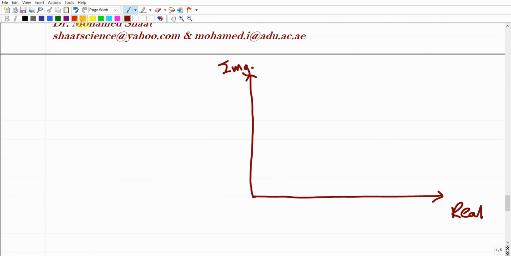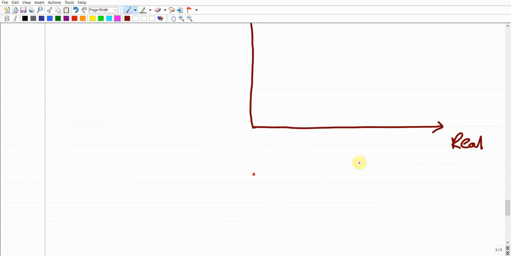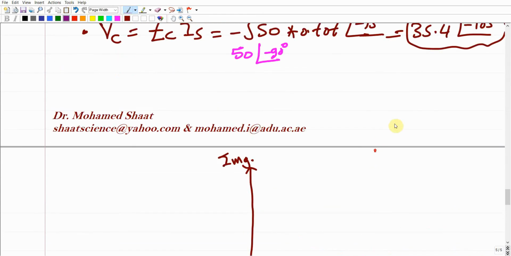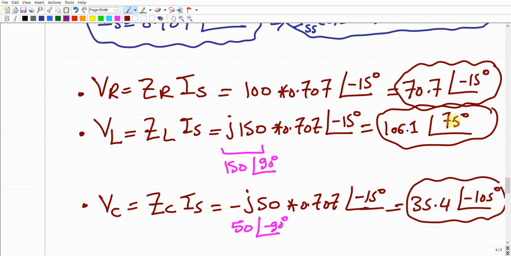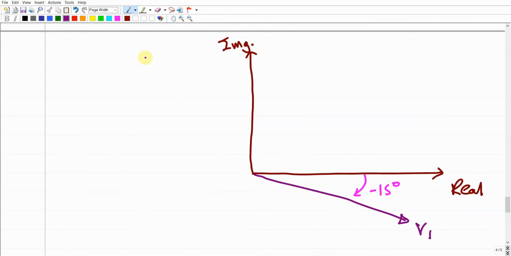Assume that you just measured an angle of negative 15 in the clockwise direction. Then you're going to draw a line. This is going to give us the V1 vector, the first vector, with angle negative 15. How about the second angle? It should be 75. It is positive, so we're gonna rotate in the counterclockwise direction. We rotate 75 degrees, and we draw another vector, V2.